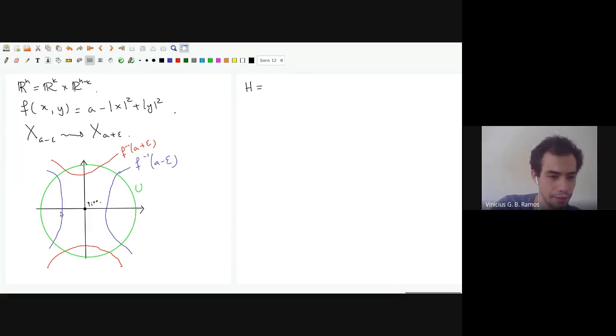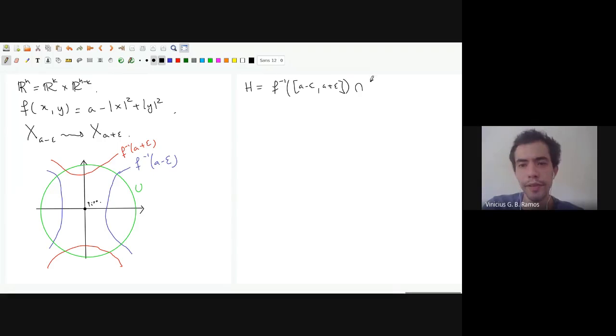So this is the pre-image of a minus epsilon, a plus epsilon, intersection with what's inside this chart, so x and y such that the norm of x times the norm of y is less than delta for some small delta.